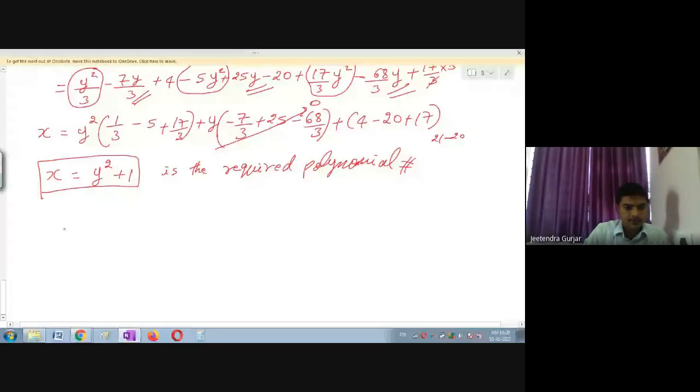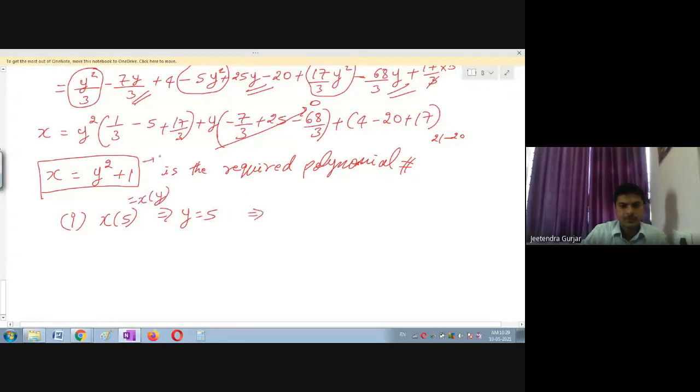So I will take first case, x of 5, right? That means y is equal to 5. Please note down, this is x of y. Therefore, y is equal to 5. That means I will substitute in this polynomial.